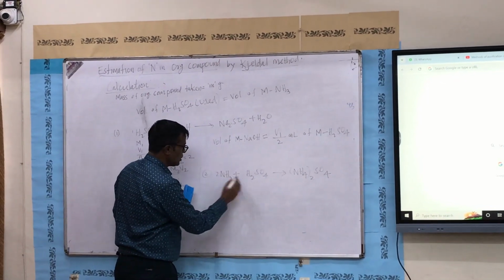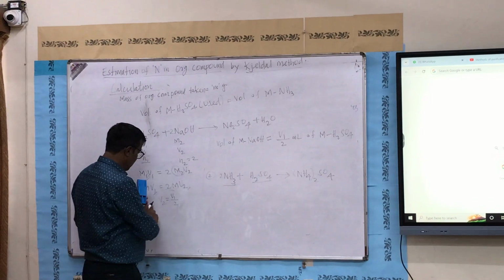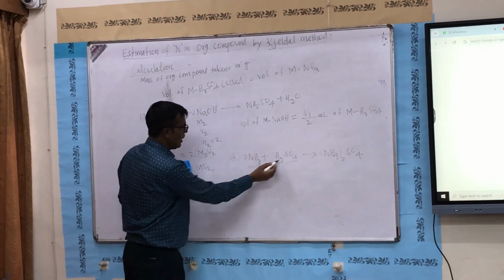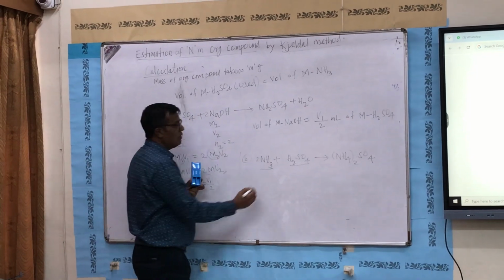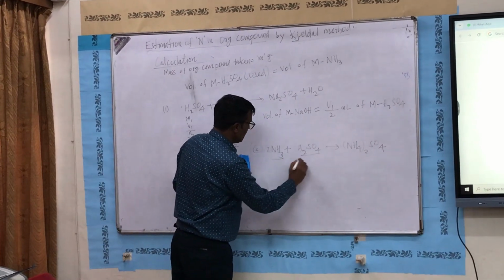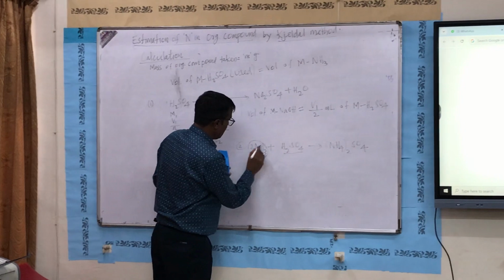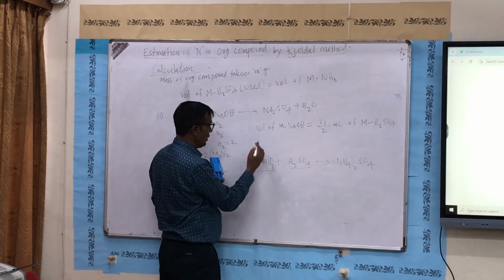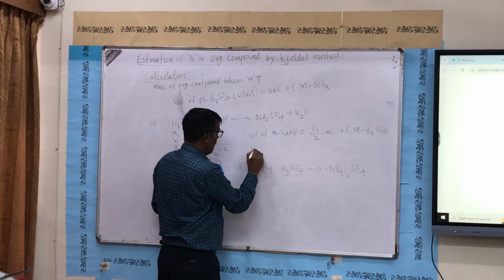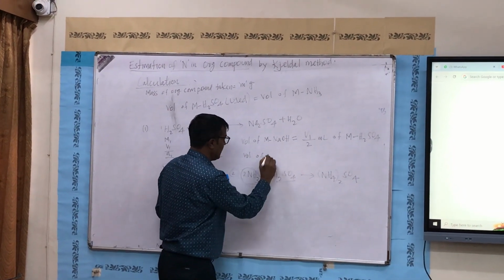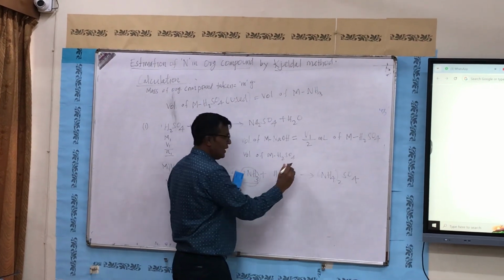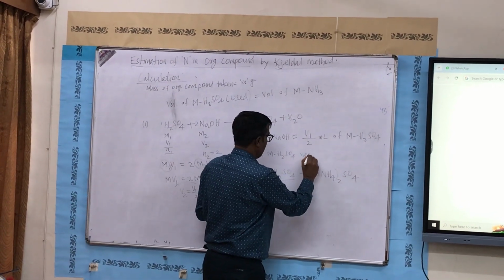Again, what is the relationship between the volume of ammonia and the volume of sulfuric acid? After this step, I'm sorry, I missed one step. Volume of M H2SO4 left, unreacted.